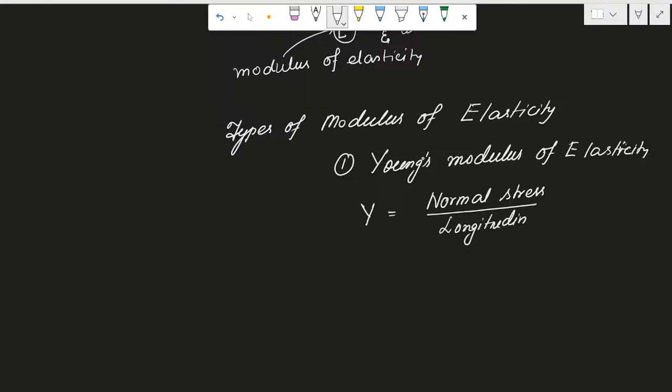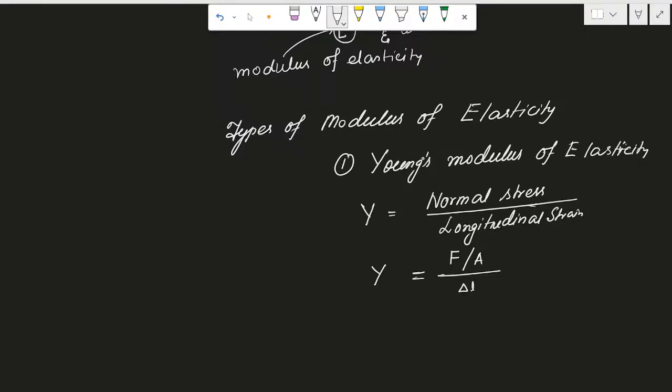So the ratio of these two is known as Young's modulus. So Young's modulus Y is nothing but normal stress, which can be written as force by unit area, that means restoring force by unit area.